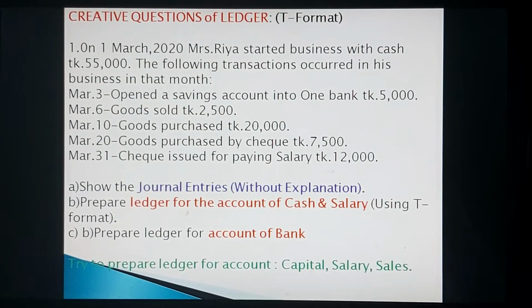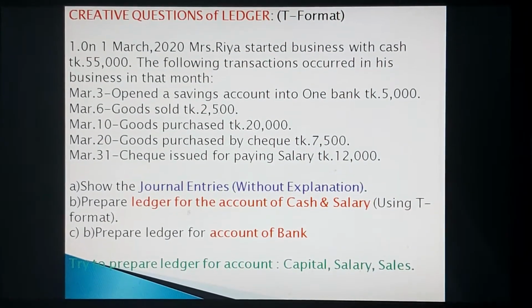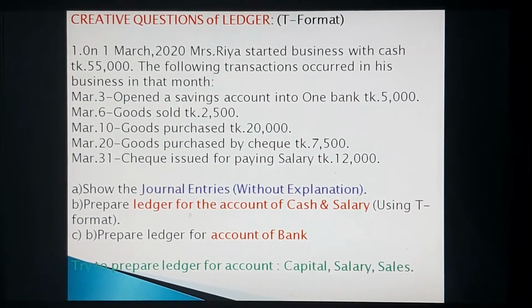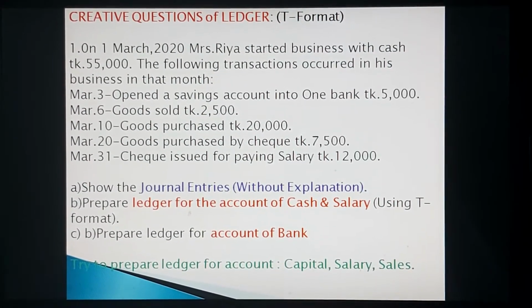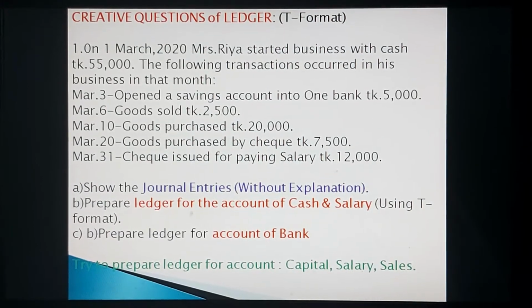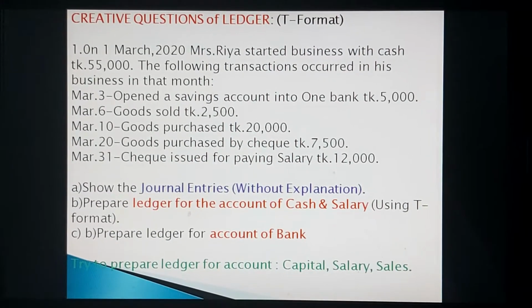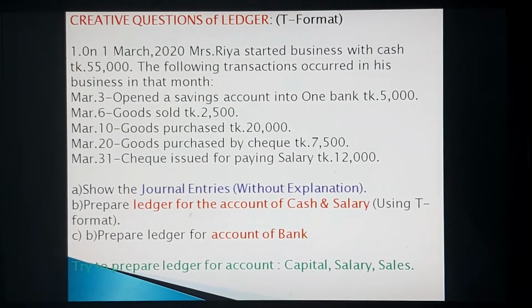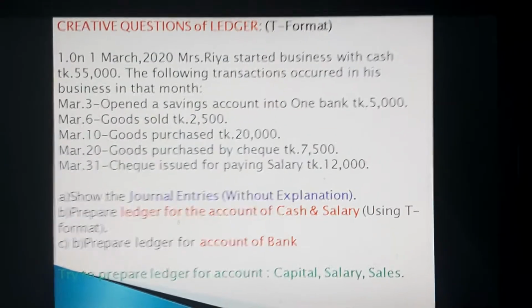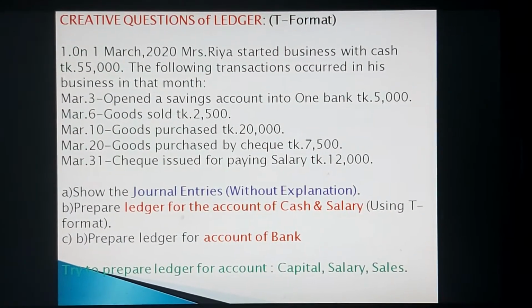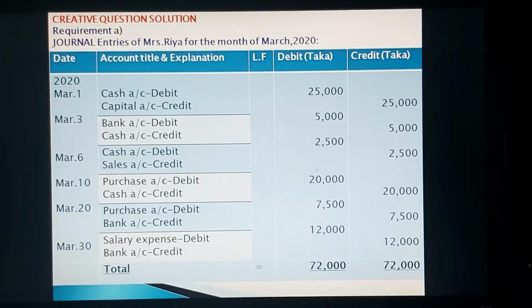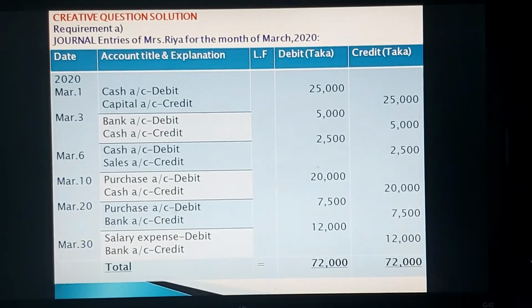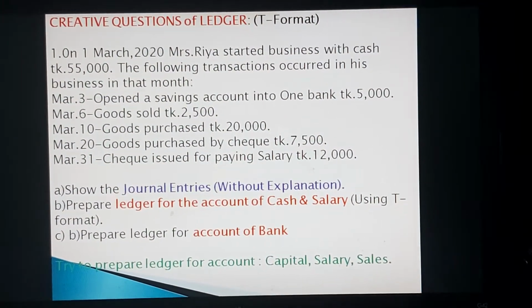For the first transaction, 2 accounts are involved. Number 1, cash account, another one, capital account. So you can write March 1, cash account debit, capital account credit 55,000. You can see in the next slide, cash account debit, capital account credit 55,000.